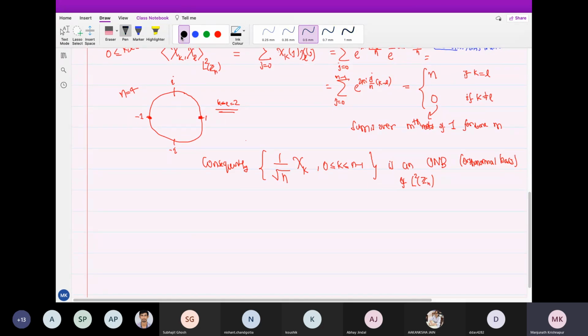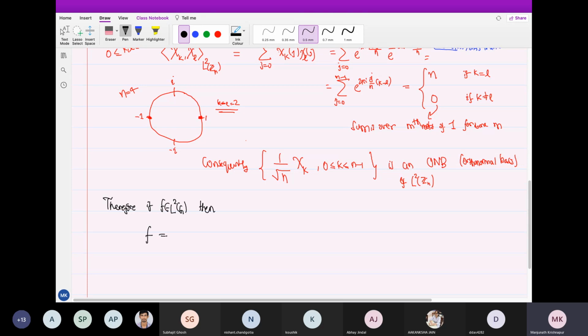So once you have an orthonormal basis, what can you do? You can expand anything in that. So here we come to the definition. Because it's an orthonormal basis, you take any f in the vector space, and you can write it in terms of the orthonormal basis.